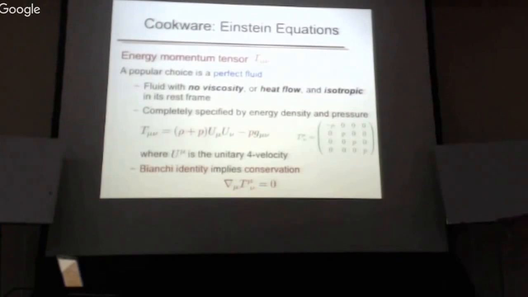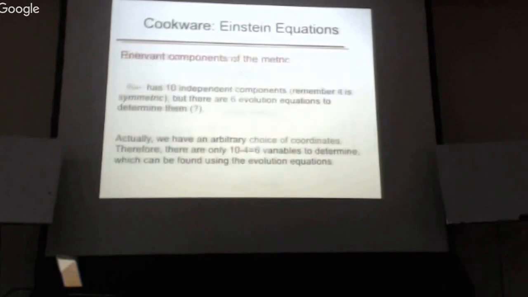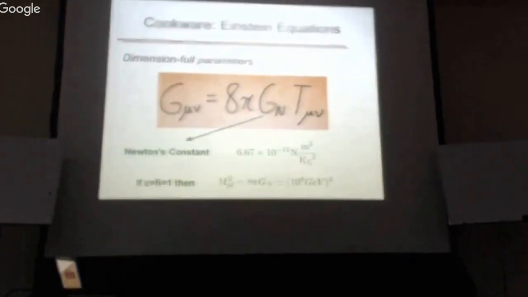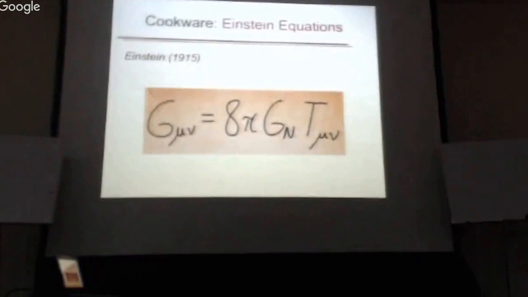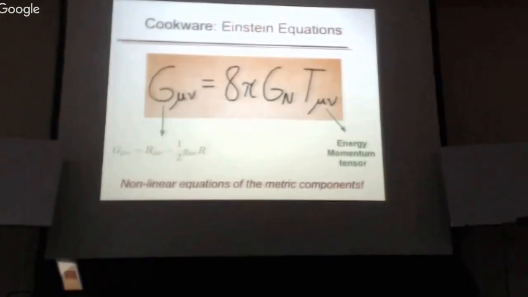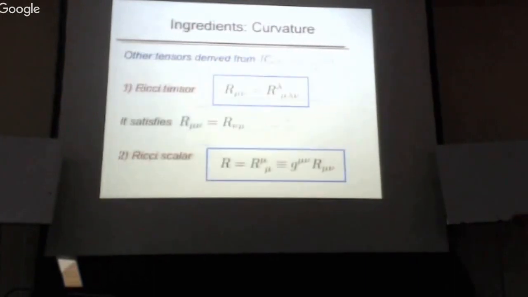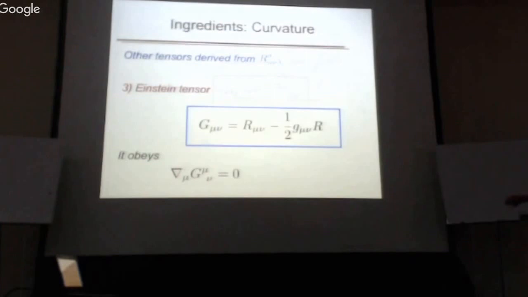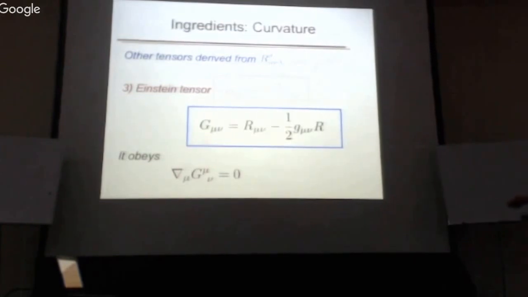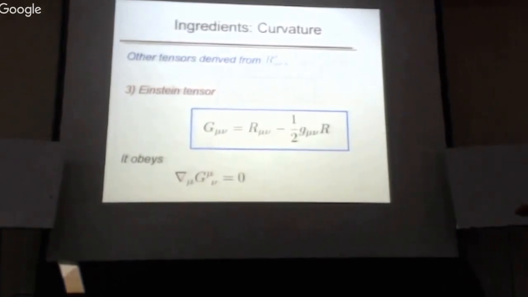Now remember we have the Bianchi identity for the Riemann tensor. That implied, so sorry, this tensor here, the divergence of this tensor should be 0. So the covariant divergence of this tensor is 0. So this is the Bianchi identity.